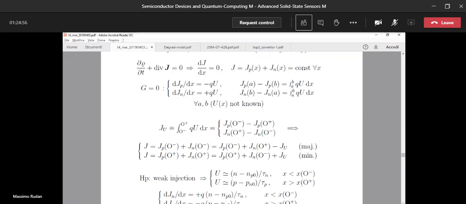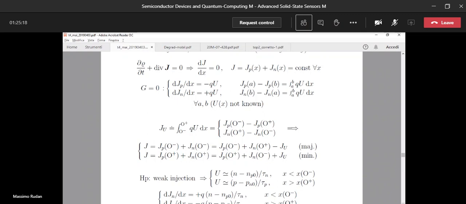And the recombination current density may be given two expressions, okay? Because if we integrate Jp, it is equal to Jp of O minus minus Jp of O plus. Conversely, if we integrate Jn, it is equal to Jn of O plus minus Jn of O minus, okay?